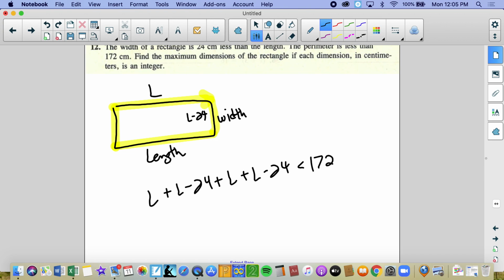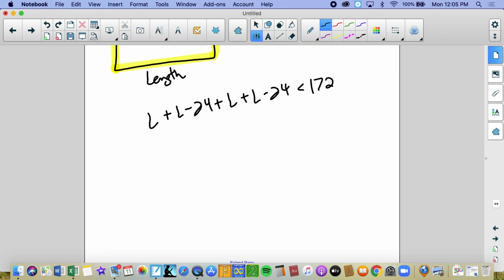Can we simplify that left side? Let's combine like terms. We have L plus L plus L plus L, so that's 4L. And then we have negative 24 and negative 24, so that's negative 48 is less than 172.